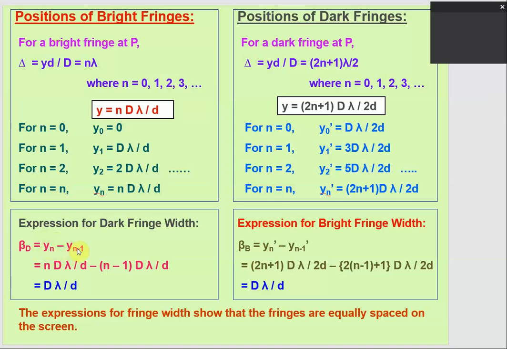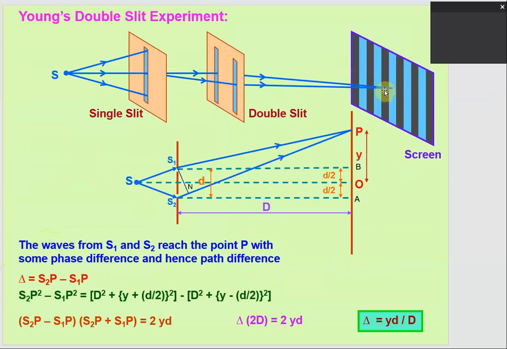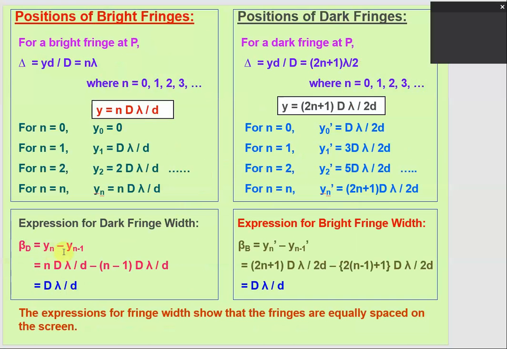So we find the difference of these two positions. When we substitute the values of yn and yn minus 1 and find the difference, we get this formula. It will be D lambda upon small d.